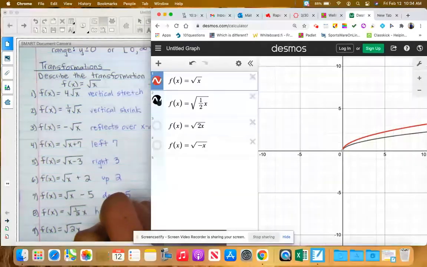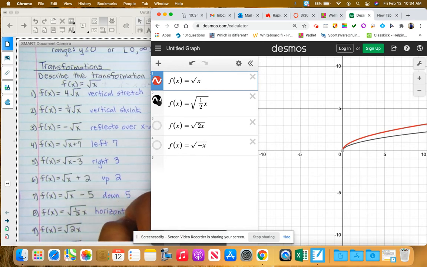So likewise, this one is going to be a horizontal shrink. So the one in the blue that I just put in, the square root of 2x, that number in the front there, that's going to be a horizontal shrink.